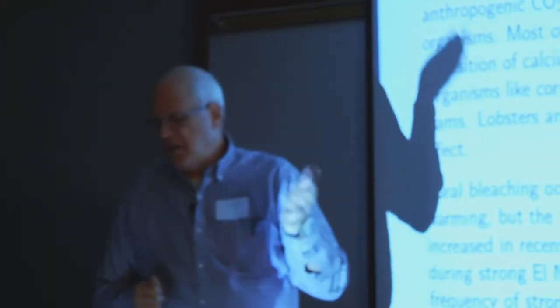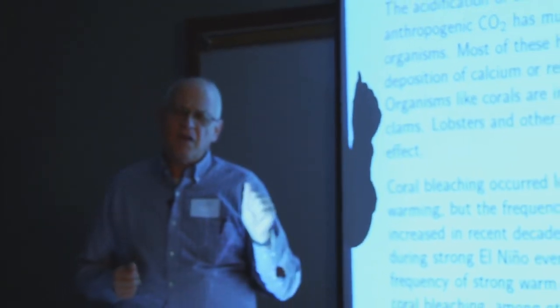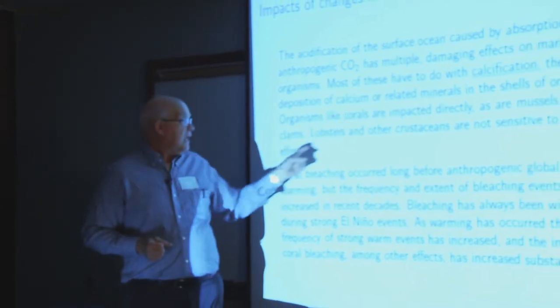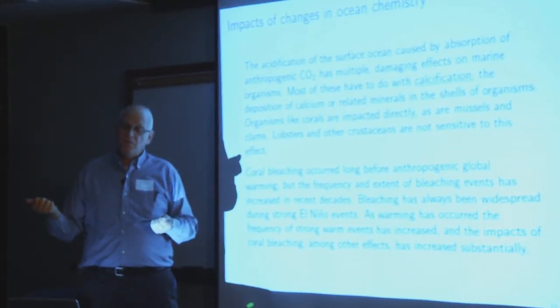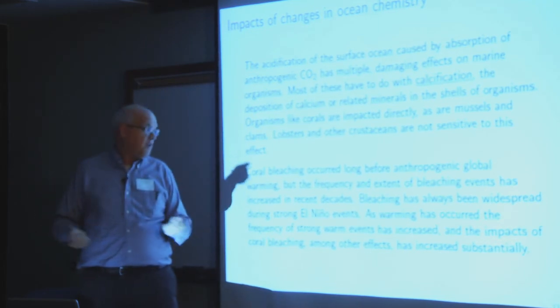I summarize here that crustaceans are not directly affected by this, but mollusks are, and of course you're aware that corals, calcification in corals has been raised as a significant issue.